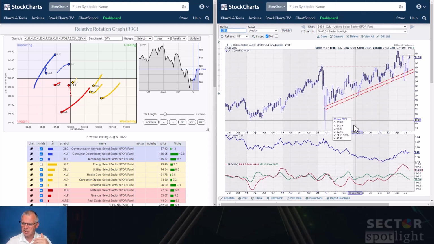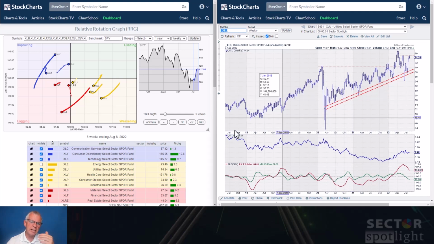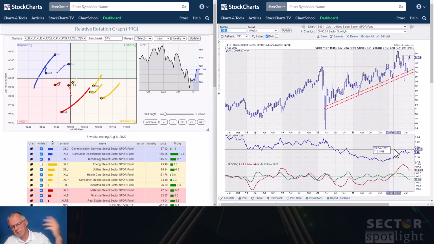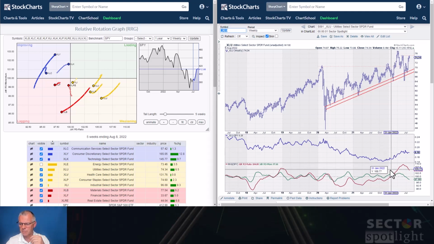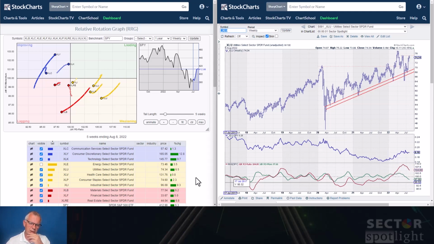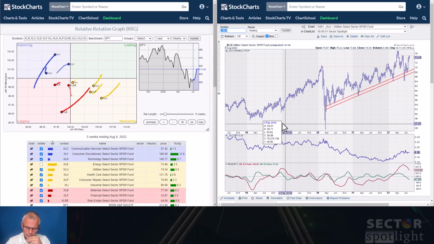Here's utilities. Not as clear as the others. You can see here the weakness in terms of relative strength. That's because of the move to growth, to discretionary and tech over the last few weeks. But that relative strength line is actually holding up quite well, and you can see that the RS ratio is still at 104.5. That's still quite a high level.